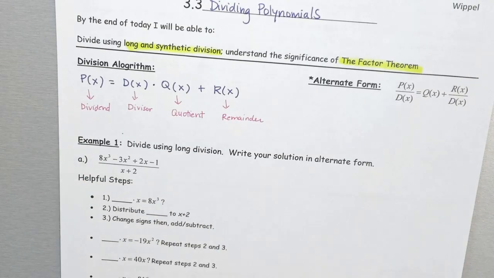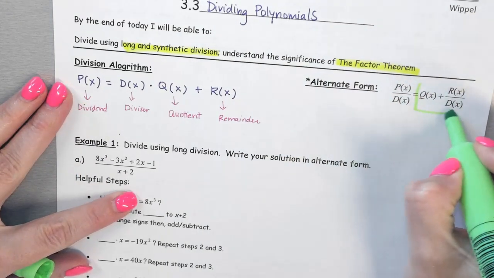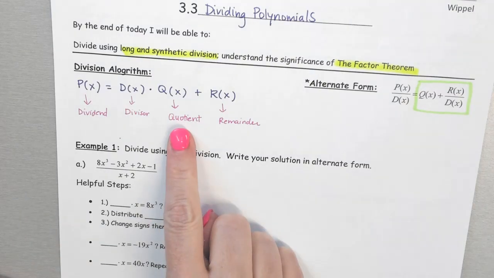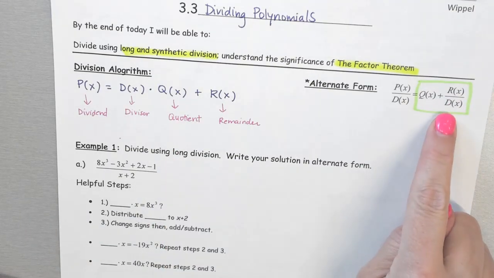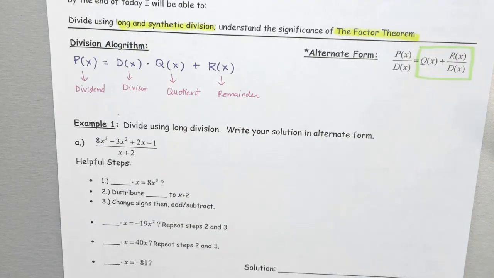Whenever we divide, we are going to write these in what is called alternate form. And that is just Q of x plus R of x over D of x. So it's your quotient plus the remainder over the divisor. So all of ours are going to be written in this form.